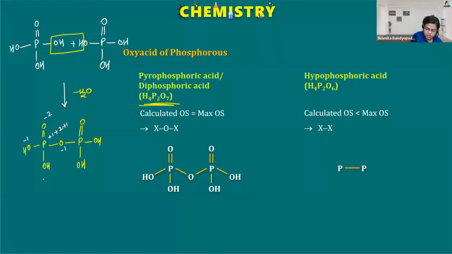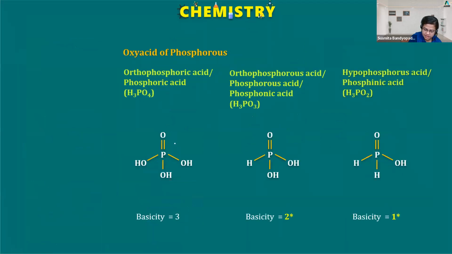For this phosphorus oxygen bond, -1 here and +1 here. If I add up, I get +5. That way also you can check. And needless to say, here phosphorus is +5, +3, and +1 oxidation states respectively.